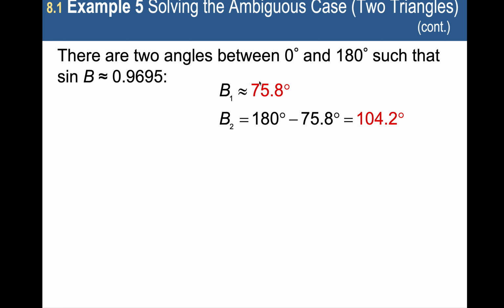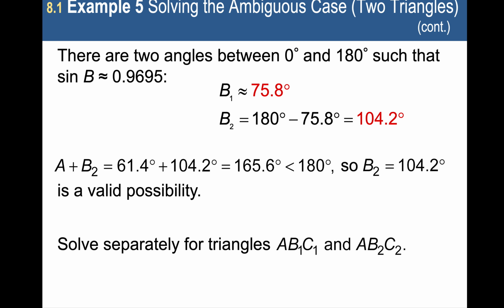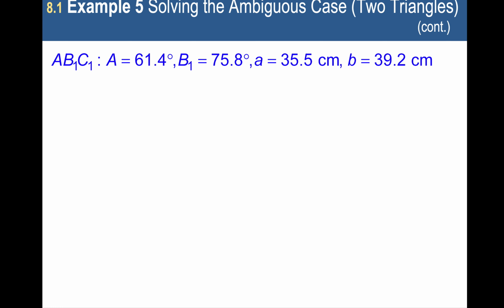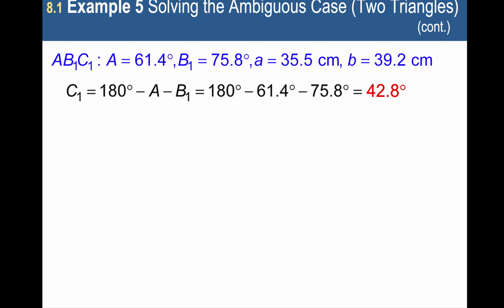So now, if I want to find the second possible angle, it would have to be smaller than 180 and be located in quadrant 2. So I would take 180 minus that, and that gives me a second option for that angle because there are 2 angles between 0 and 180, since sine is related to the y-axis, which is positive in both quadrants. When this happens, we're going to solve these independently.